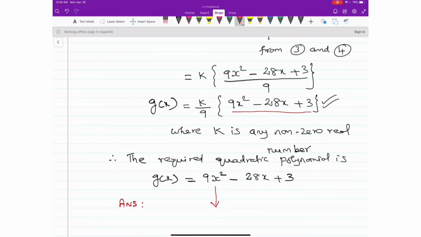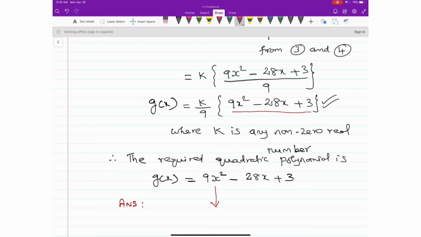Okay, with that we have come to the end of today's session. We have revised questions from previous year's board examination papers based on the concept, when the zeros of the polynomial are given, how to write the quadratic polynomial. In your textbook, the sum of the zeros as well as the product of the zeros are given, and you have been asked to write the quadratic polynomial.